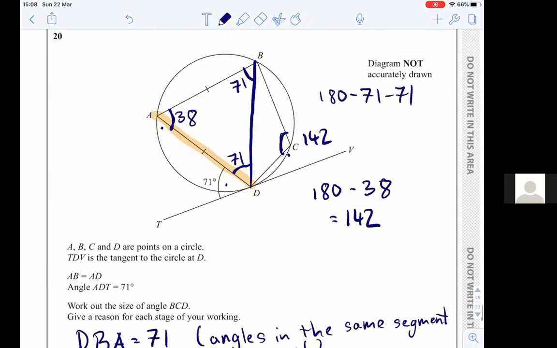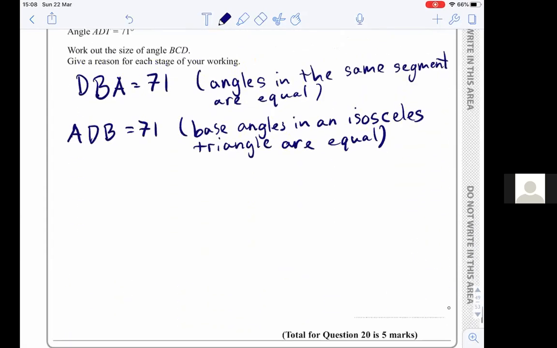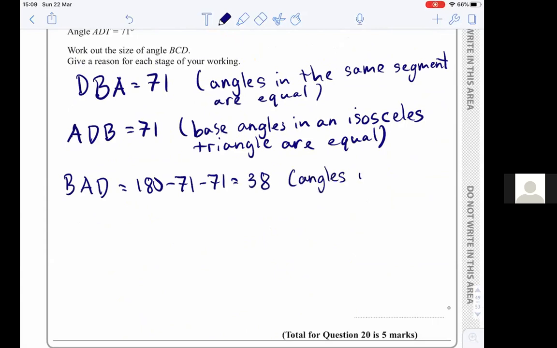And I then worked out that BAD was 180 minus these two, because angles in a triangle sum to 180.